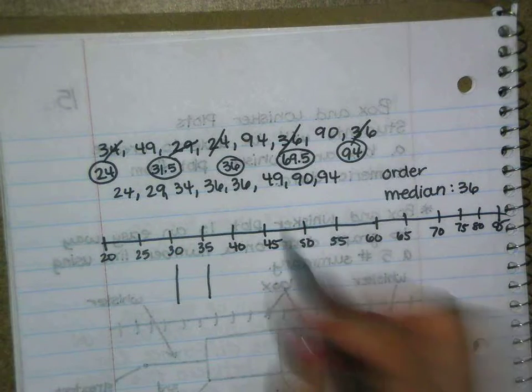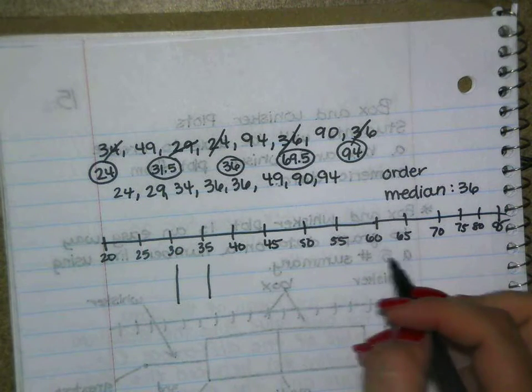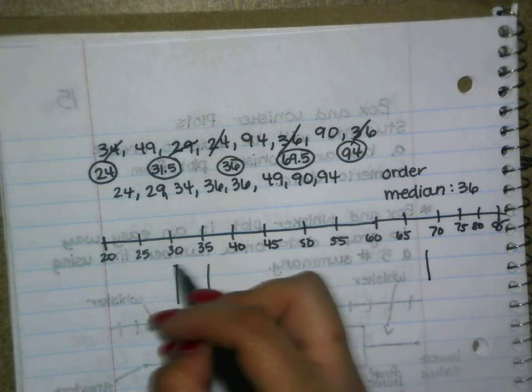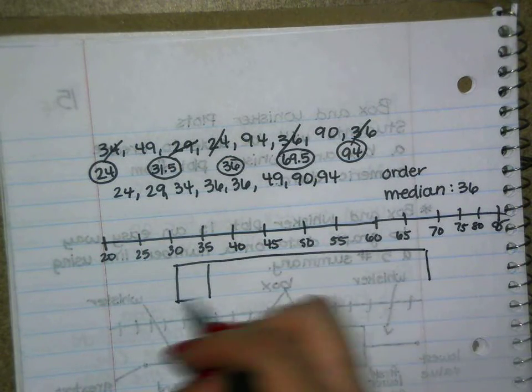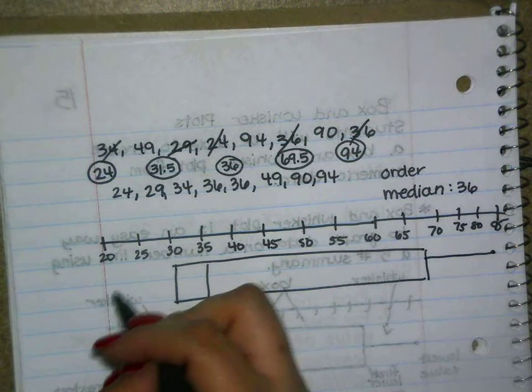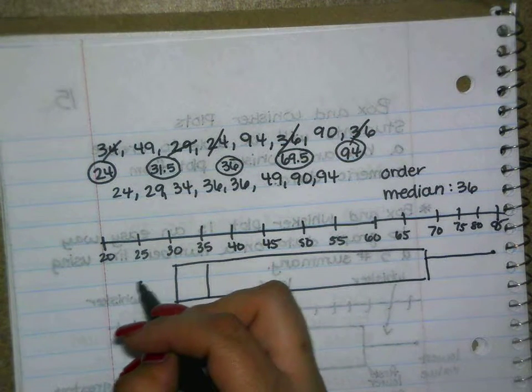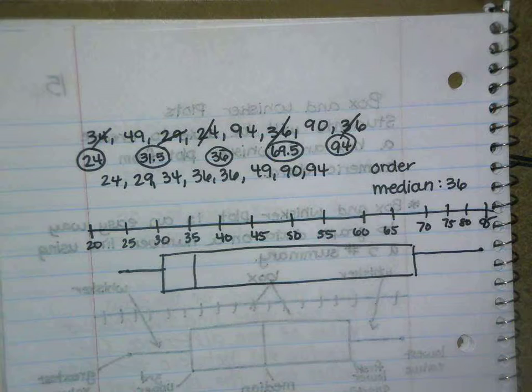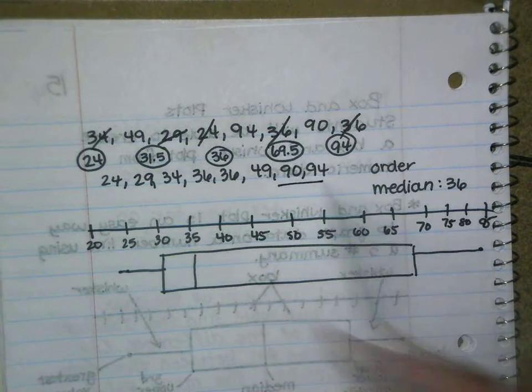It's going to have a crazy box. 94 will be our other whisker point, and 24 will be our other whisker point. So that's what the box and whisker plot would look like here. As you can see, there's obviously an outlier or two. If I was doing this data, I might throw out the 90 and 94 because those outliers certainly made our upper quartile way bigger than our lower quartile.